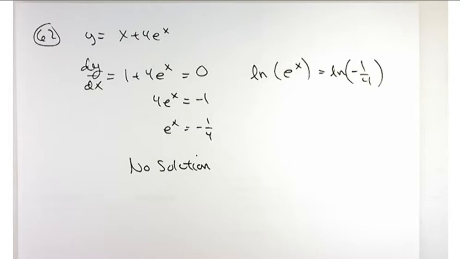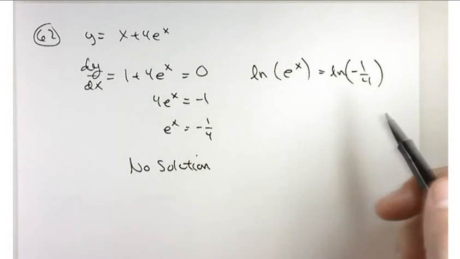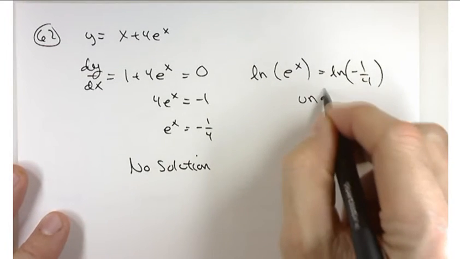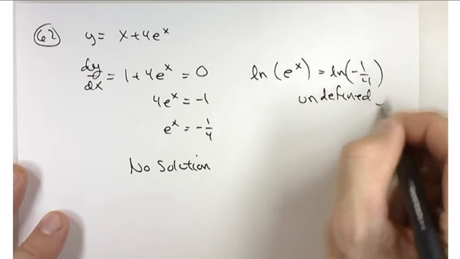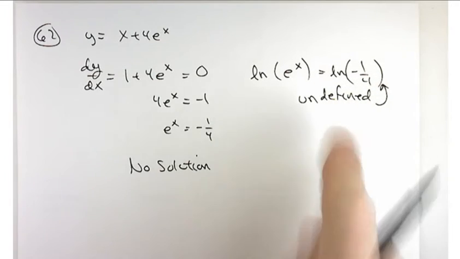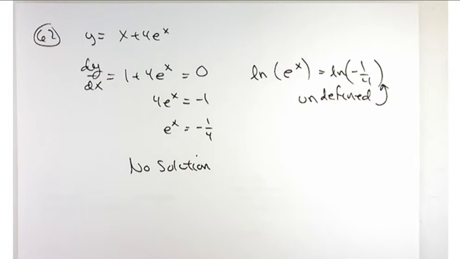What happens? It's undefined. Unless your calculator is set to complex mode, it's undefined. So there's no solution. Negative numbers are outside of the domain of the log function.